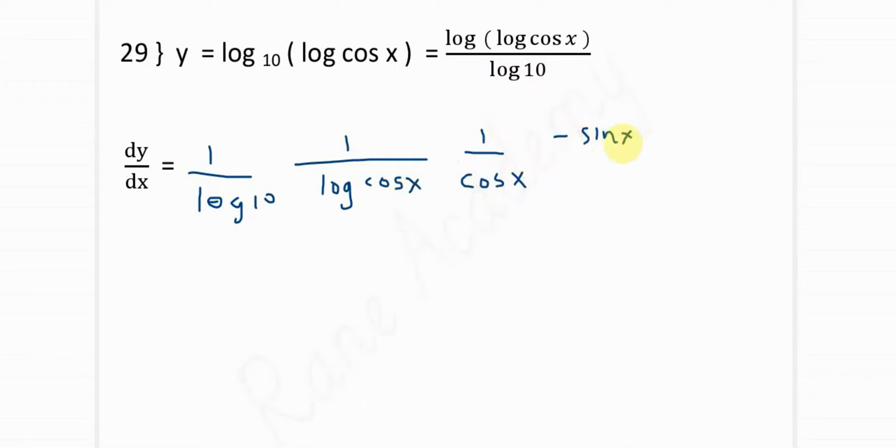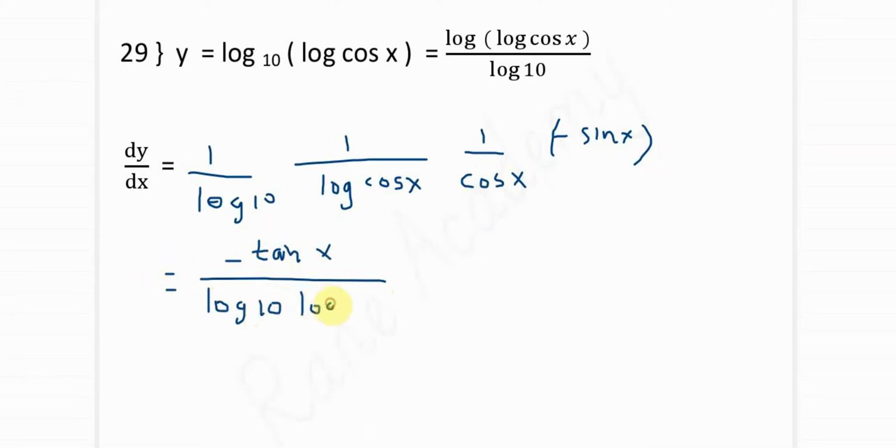So we can simplify it further and write minus sin x upon cos x as minus tan x, and in the denominator we have log 10 into log of cos x, and hence we get the required answer.